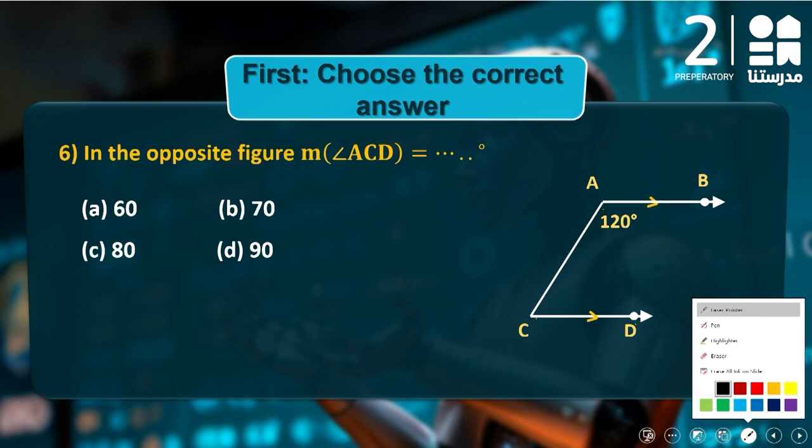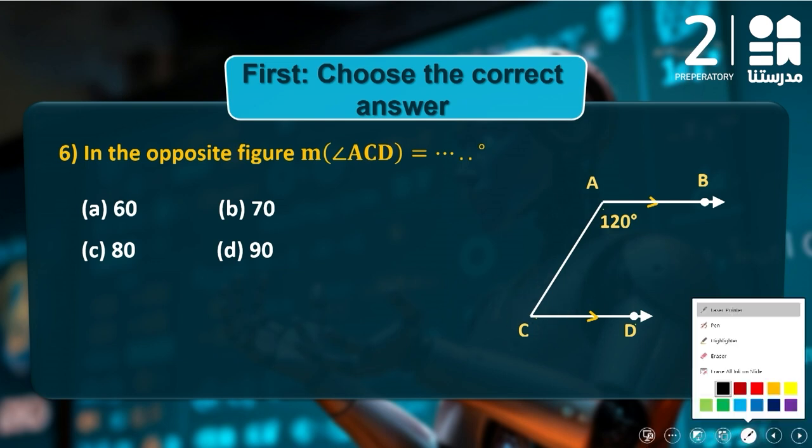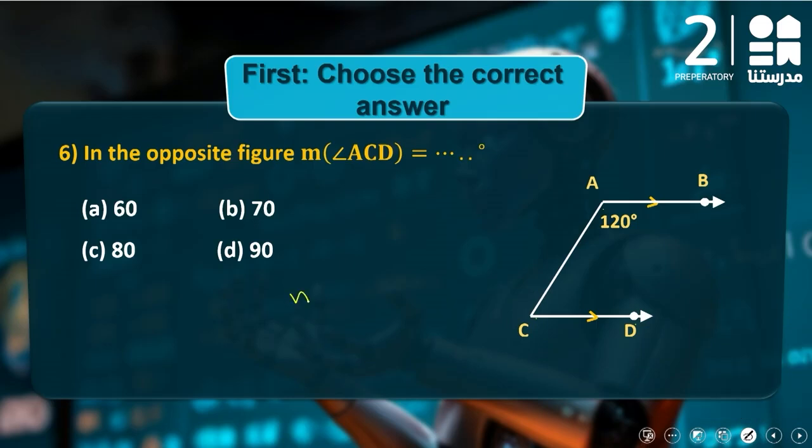So here we have the measure of angle A plus the measure of angle C equal 180 degrees. And we have the measure of angle A equal 120 degrees.